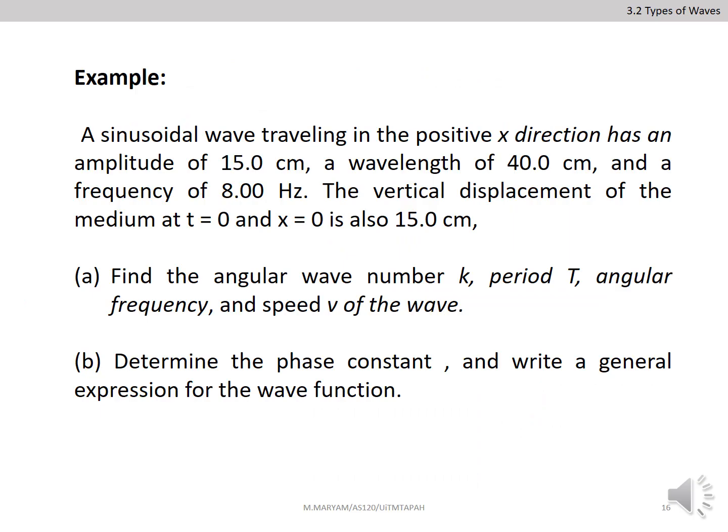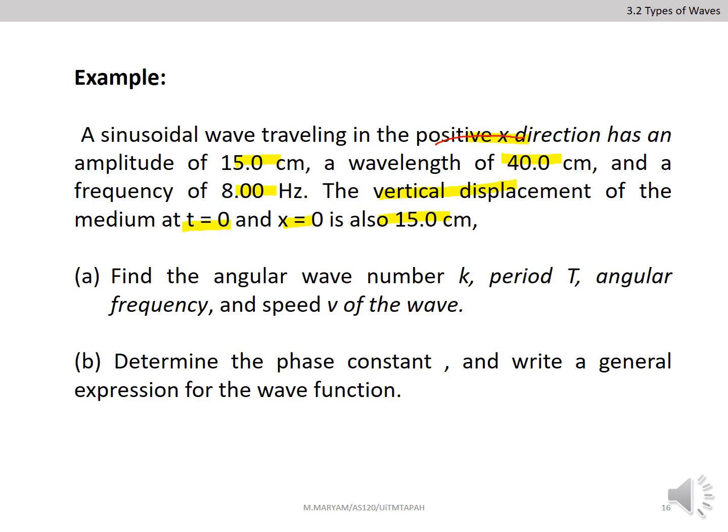Then let's proceed with an example. A sinusoidal wave traveling in the positive x direction. Highlight the information given. Positive x direction has an amplitude of 15 centimeter, wavelength 40 centimeter and frequency 8 Hz.